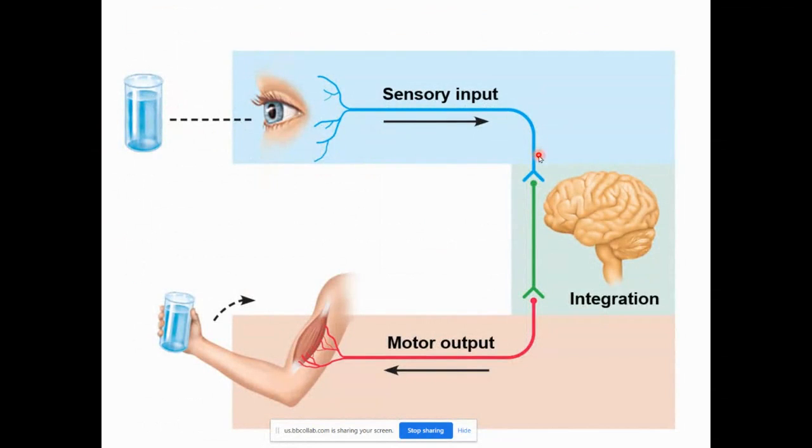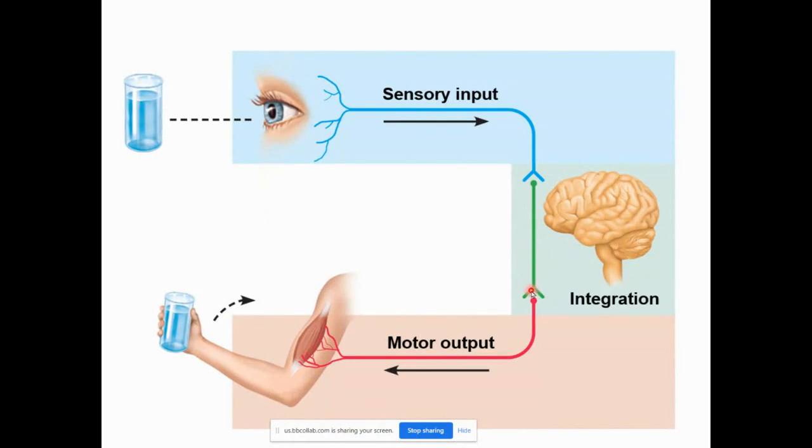Yeah, that would be your sensory input, right? If we're using the terms from the slide we were just on before, this would be your interneuron. It's in the central nervous system. So you have a sensory neuron or afferent neuron going in, synapsing with an interneuron, which are in your brain and spinal cord. Now your interneuron will decide what to do.